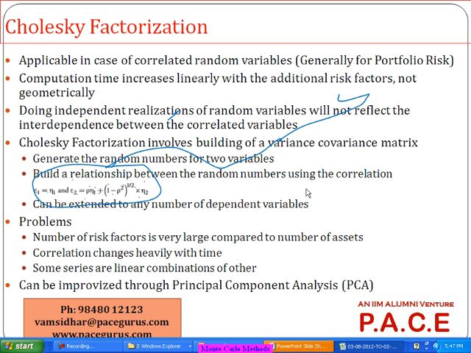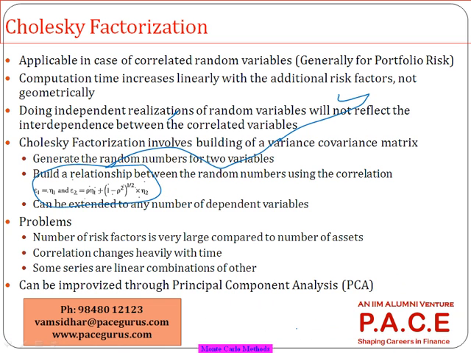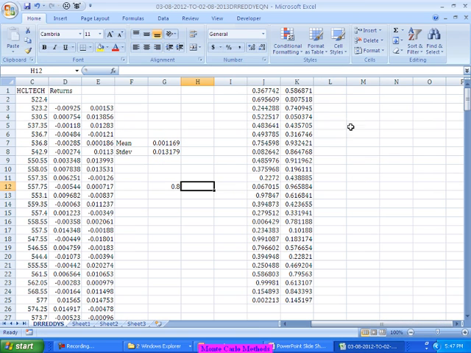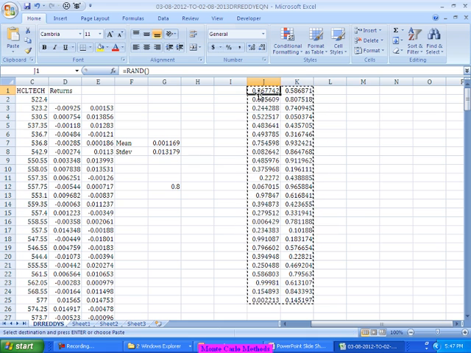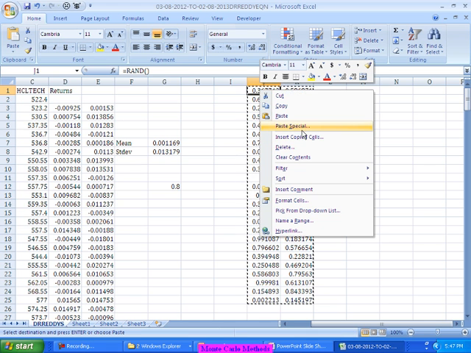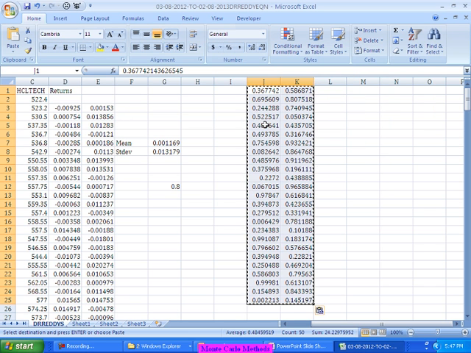But when you are assigning values for calculation purposes, you modify the random numbers that were generated. How do I modify them? Let me freeze these first. These are generated completely at random.